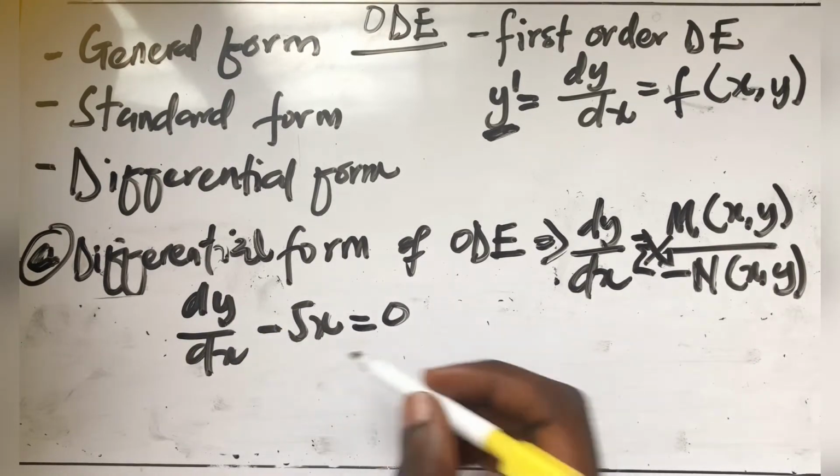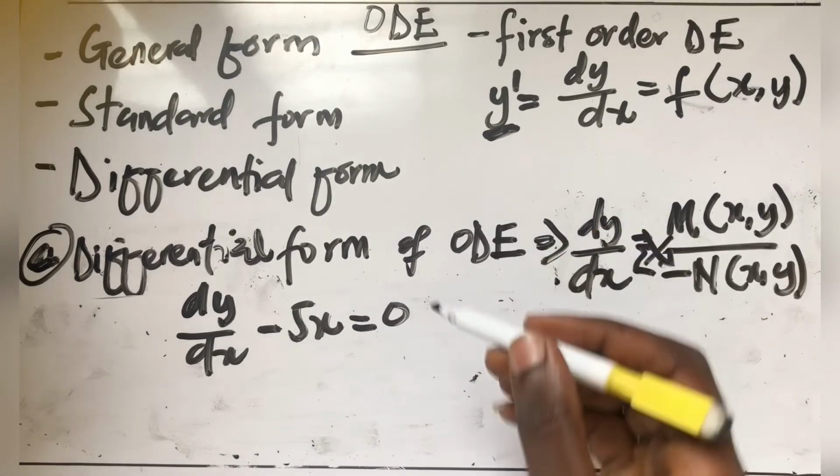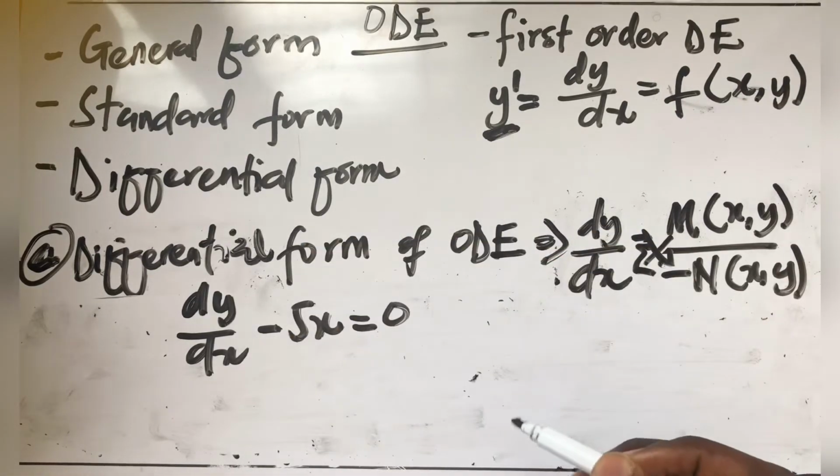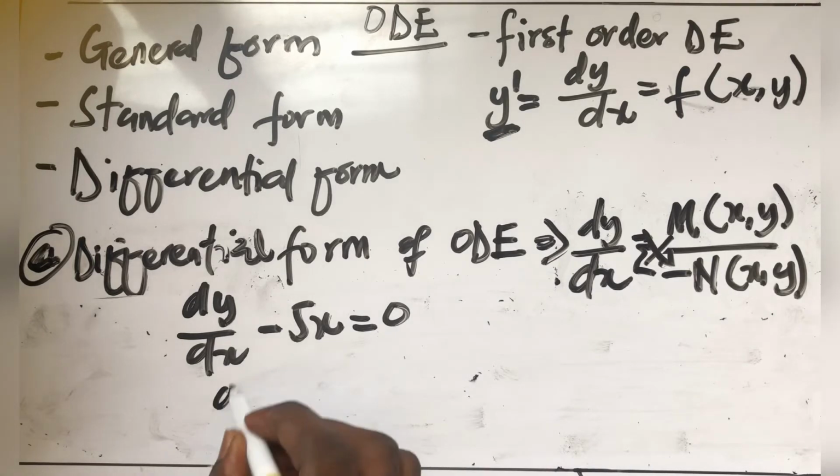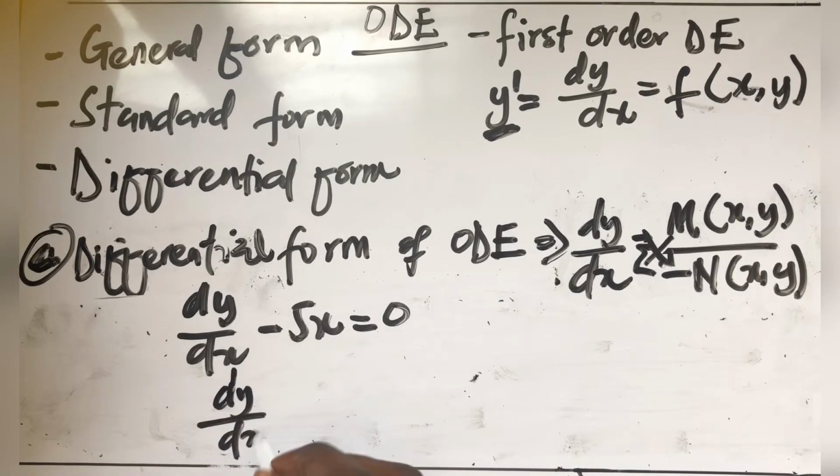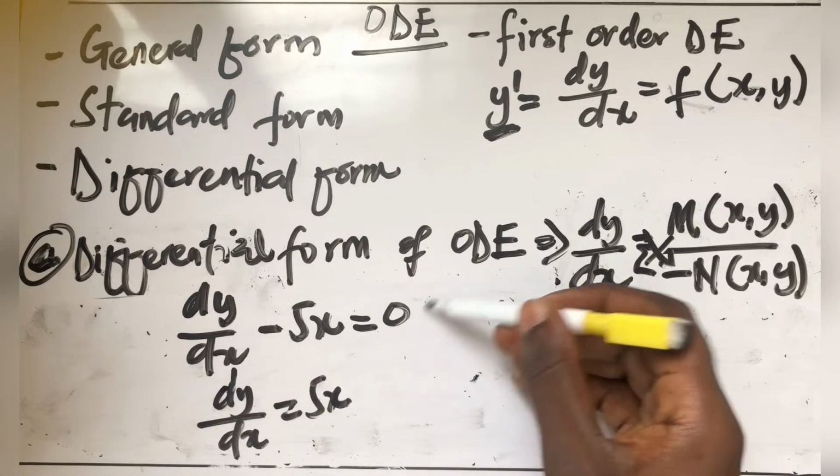We want to write this in its differential form, but it's in the general form. So first, let's convert it to the standard form. So we have dy dx equals 5x. So we've moved from general form to standard form.